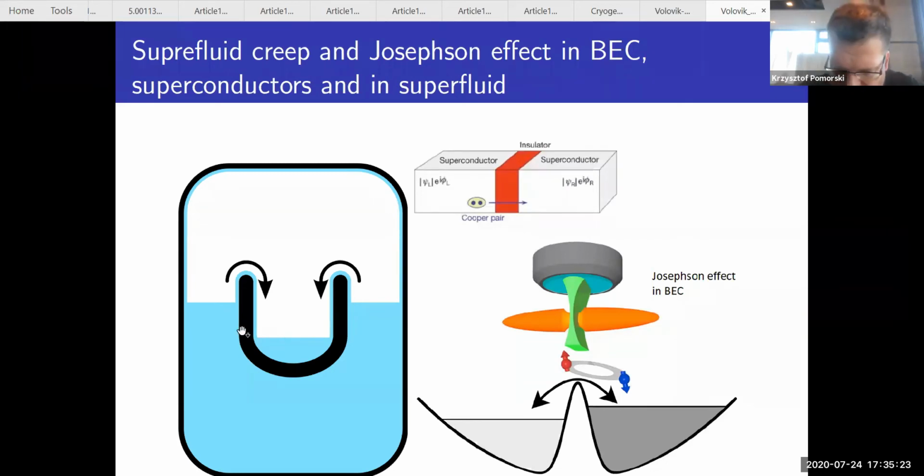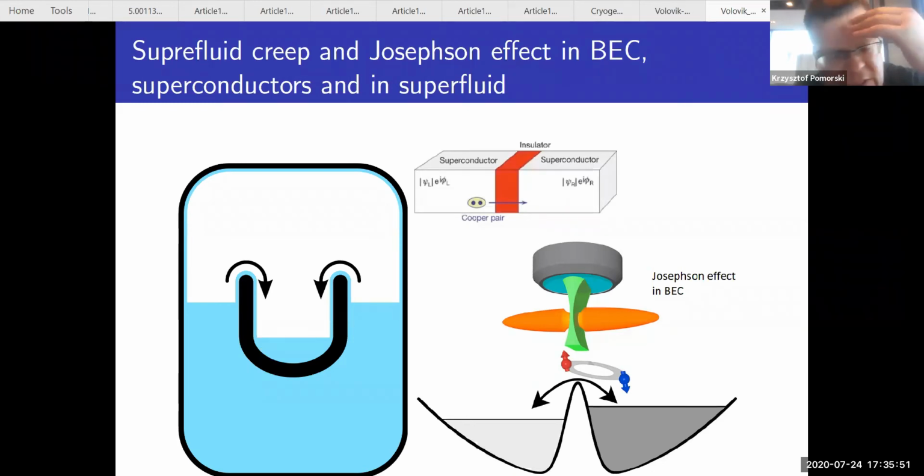Somehow this liquid will see this potential difference, and after a long time the system will equalize the two levels of liquid. So the flow in such a system can happen without any dissipation.